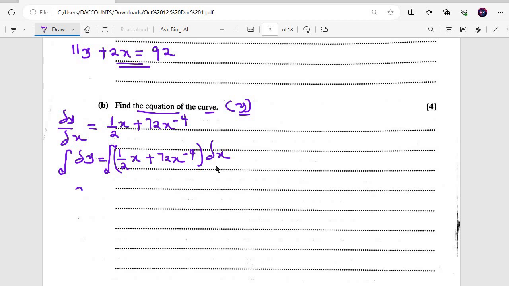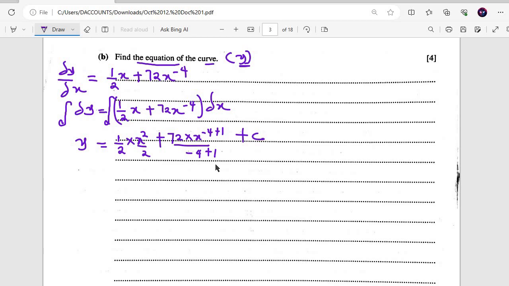When we integrate dy, we have y. When we integrate half x, that's half multiplied by x squared over 2. When we integrate this, that will be x to the power minus 4 plus 1 over minus 4 plus 1. Don't forget your arbitrary constant. So from here, the value of y will give us x squared over 4.